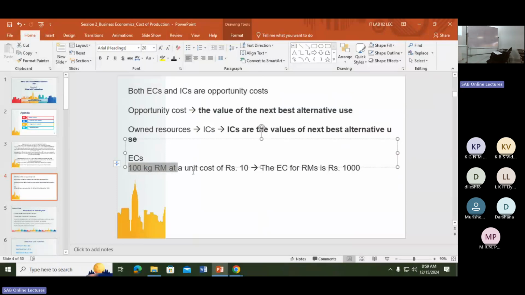The firm has already purchased 100 kilograms of raw material at a unit cost of 10.